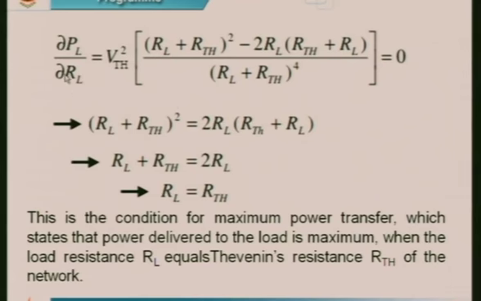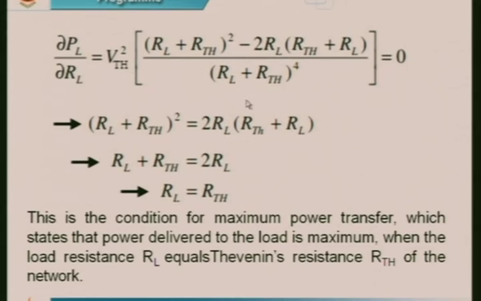So it is dou PL by dou RL, which is equal to the expression I square RL, where I square is equal to V Thevenin by RL plus R Thevenin, the whole square, into RL. That's the expression we have. If you differentiate it, it is the differentiation of a division, that is the U by V method. Using that, V Thevenin square, which is a constant, we just keep it out.